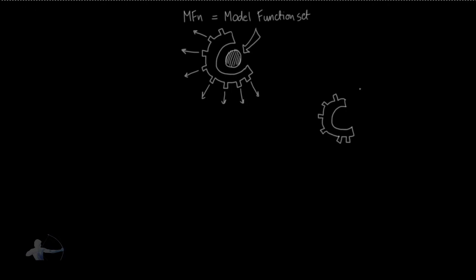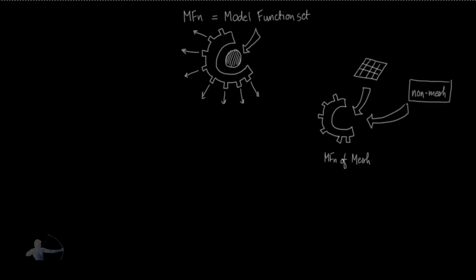So for example, if it is a function set of meshes, only the mesh type objects would be able to fit in here. If you would try to fit in a different type of object, which is not a mesh, you would receive an error.